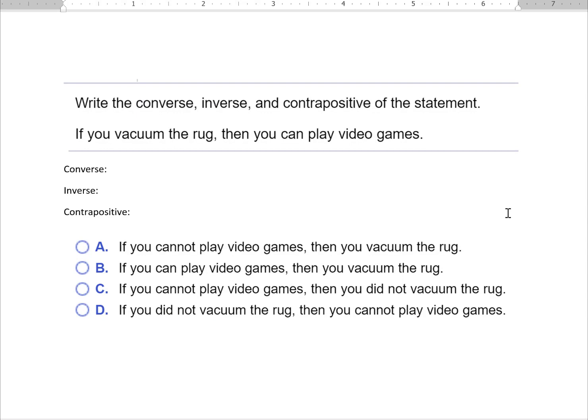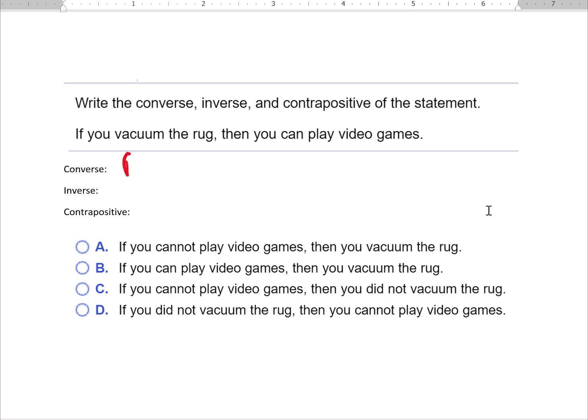Okay, now we're going to write the converse, inverse, and contrapositive of the statement. If you vacuum the rug, then you can play video games. Remember, in the converse, the two simple statements are reversed in the conditional statement. So the converse is going to be, if you play video games, you can vacuum the rug.